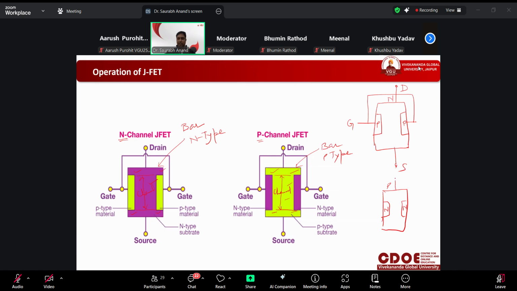Similarly, this is drain, this is source, and both diffused regions are connected and become the gate.